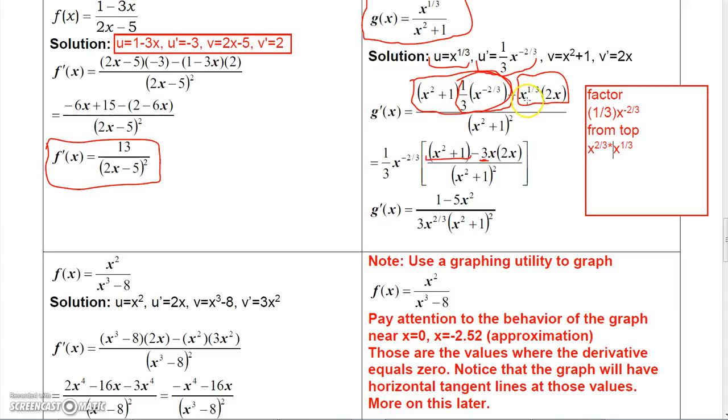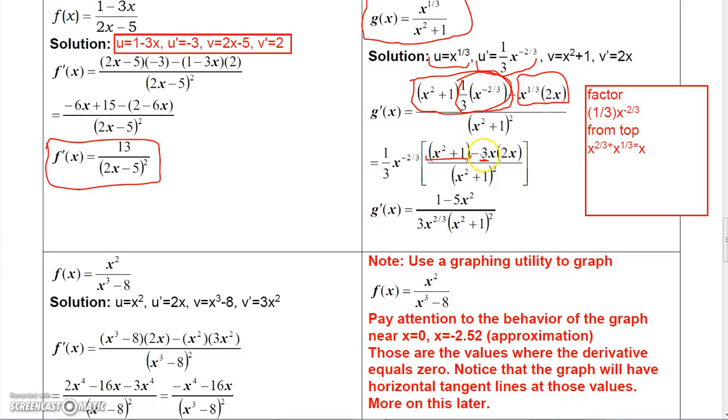So if you multiply x to the 1/3 by x to the positive 2/3, you just get x. So that's where that extra x comes from. That extra x is what you get when you divide x to the 1/3 by x to the negative 2/3. And then of course we still have the 2x.